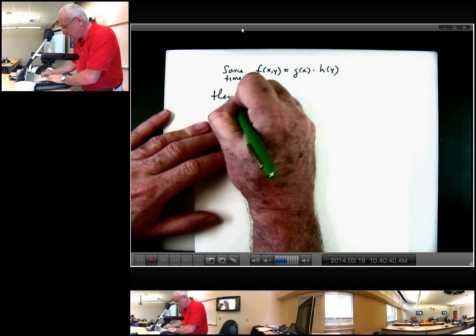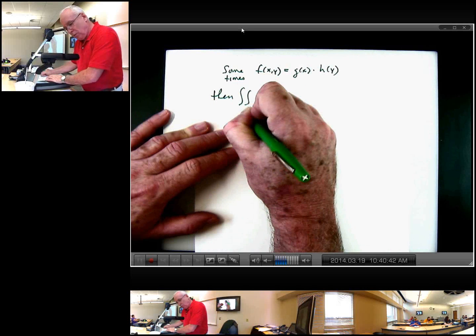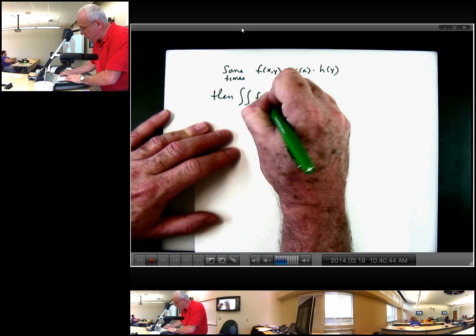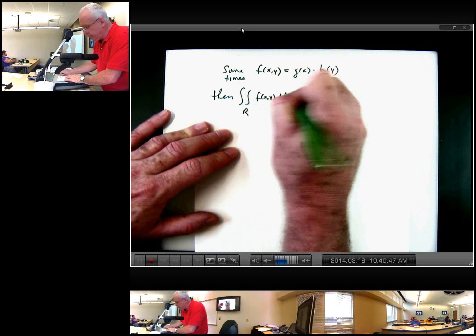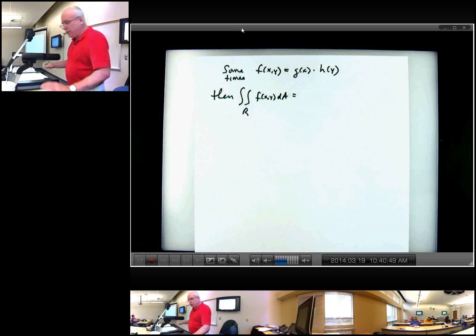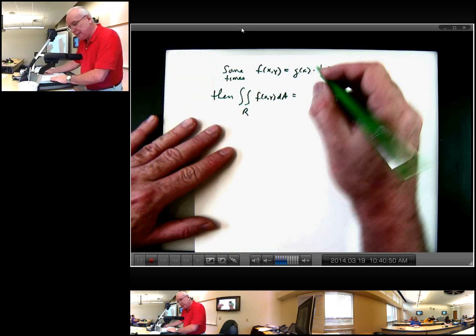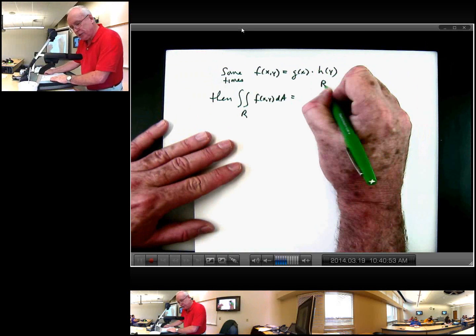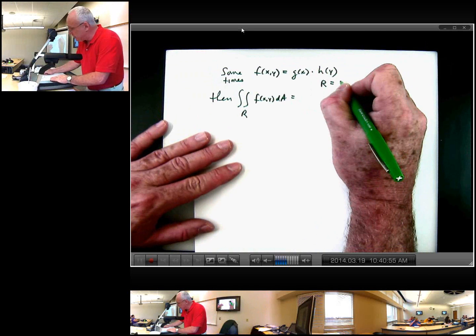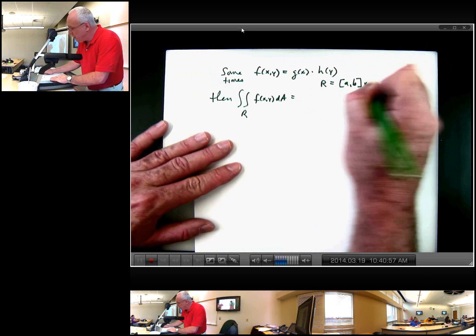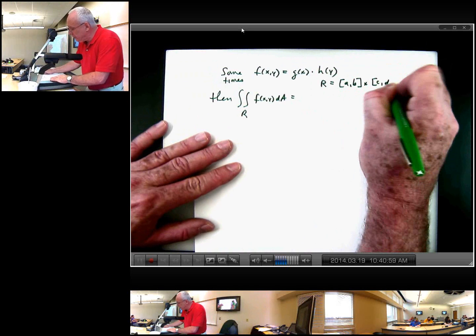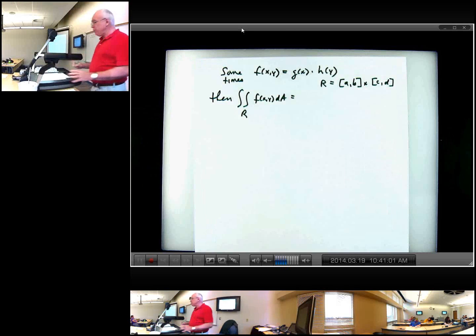Then, that double integral over a rectangle of f(x,y) dA, I'm able to completely separate. Let's say our rectangle, again, is x from a to b, y from c to d. So I can completely separate them out.